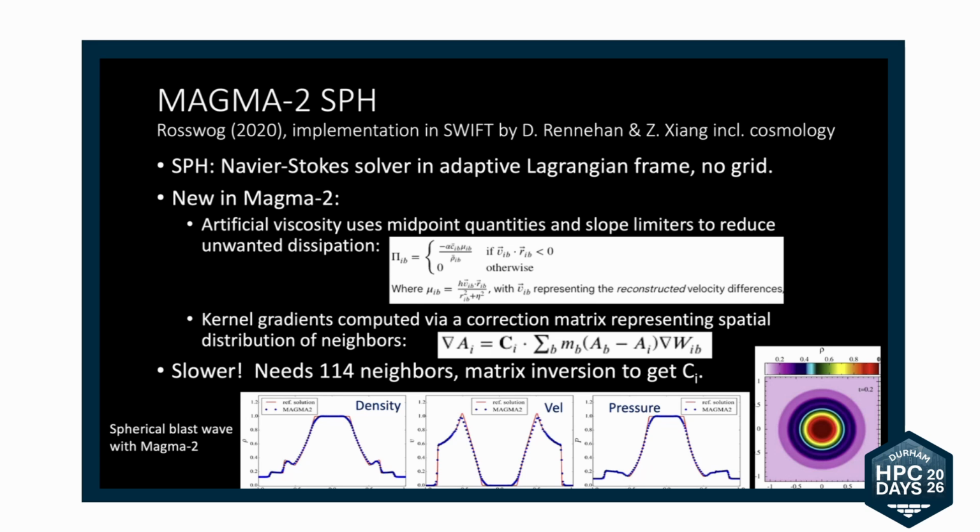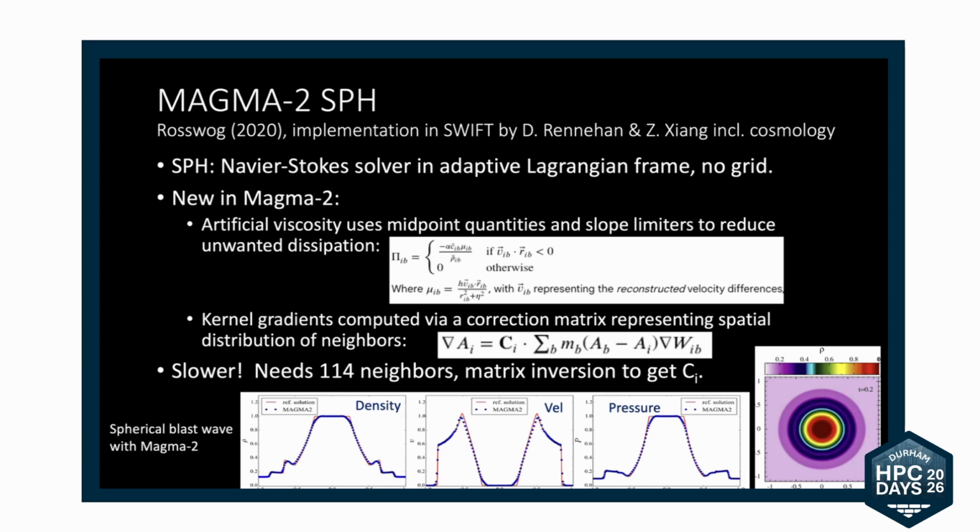One change is the artificial viscosity. I won't get into that, it's a little bit detailed, but the big difference, I think, is in the kernel gradients. In SPH, you're computing a given particle's properties by some sort of kernel-smoothed average over its local neighborhood. Everybody else had done this with radially symmetric kernels. With Magma 2, you don't have radially symmetric kernels.